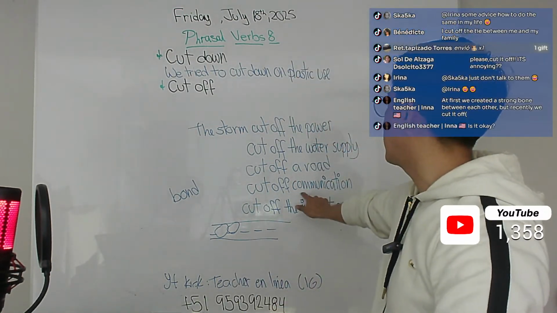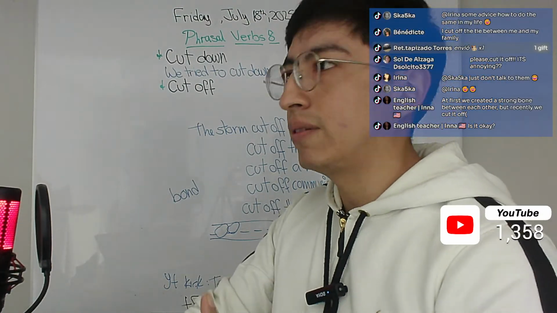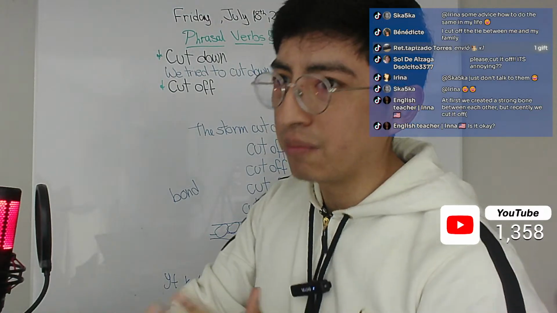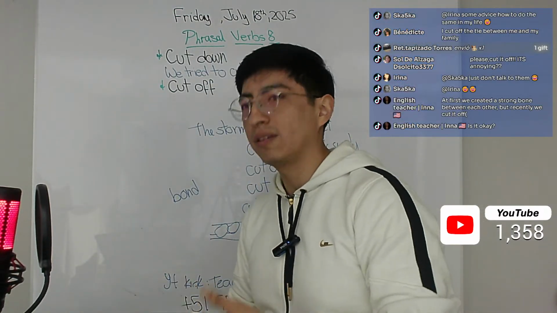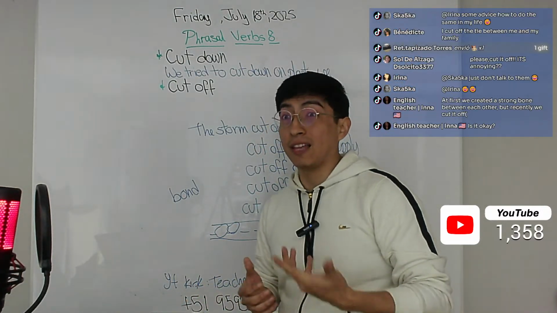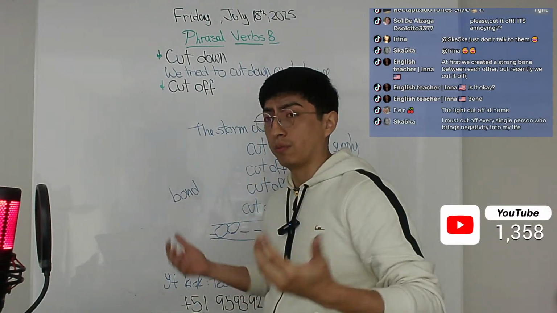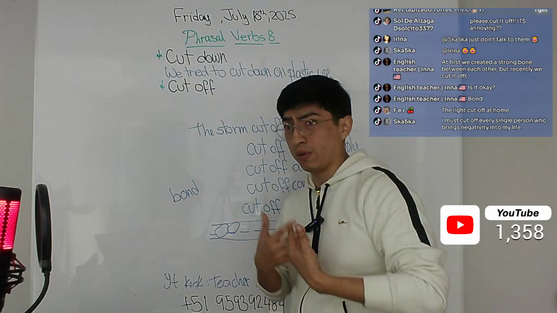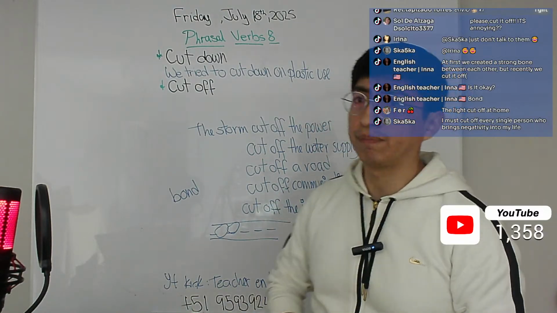You can also say I cut off communication with my family. Sometimes some families are very toxic. Not everyone, but there are some exceptions. And when your family is very toxic and doesn't let you develop or grow up as a person, it'd be better to cut off communication with them.